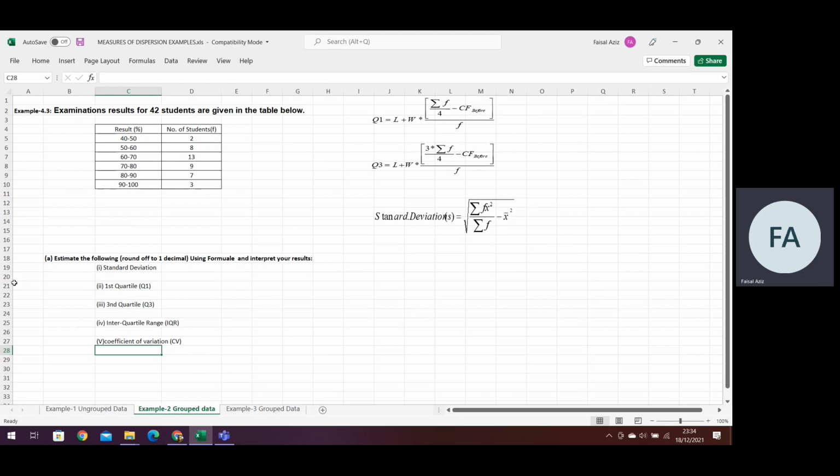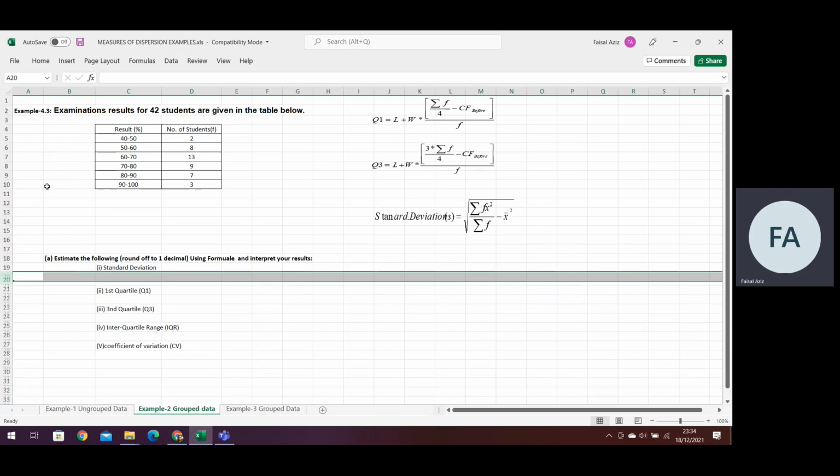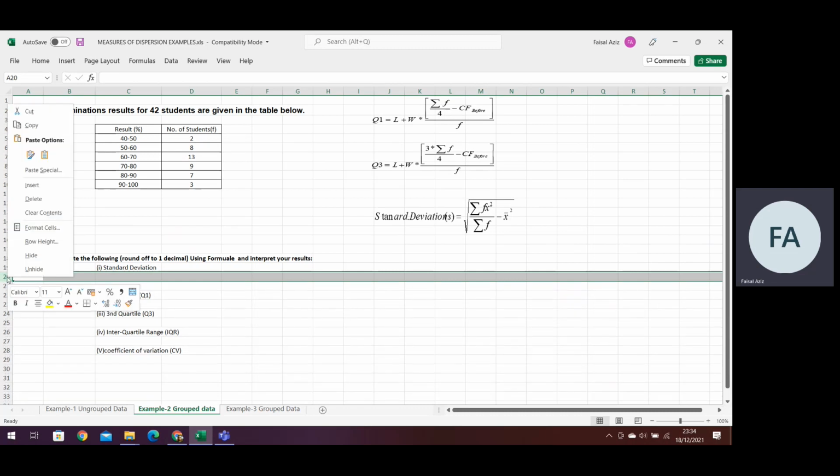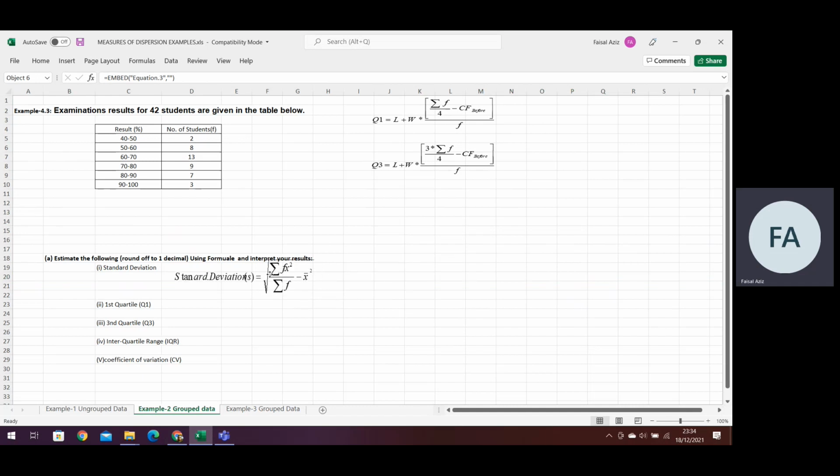So I'm just going to insert some empty lines so that I could drag this standard deviation formula just in front of the standard deviation here nearby the requirement. If you look at the formula, here it says that we need frequency and then we need to multiply it by x square.